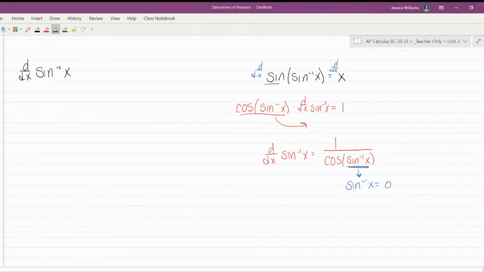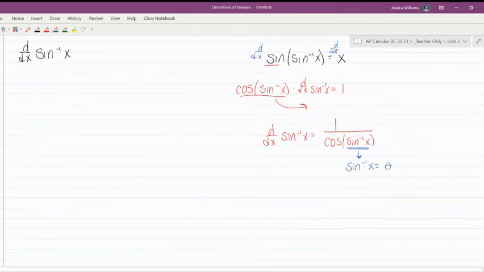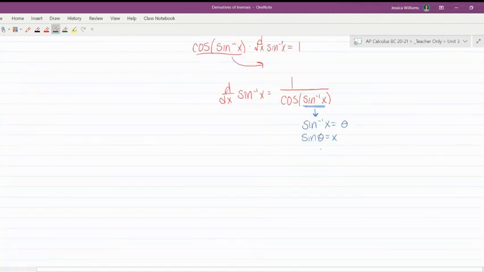I'm going to use theta as my angle. So what this is saying is that the sine of my angle equals x. These are congruent statements. They say the same thing, just backwards and forwards. So I can draw this triangle. I took trig once too. It was my favorite. Was trig your favorite? It was my absolute favorite. Calculus wasn't my favorite until after I was out of calculus and I realized that it was fun.